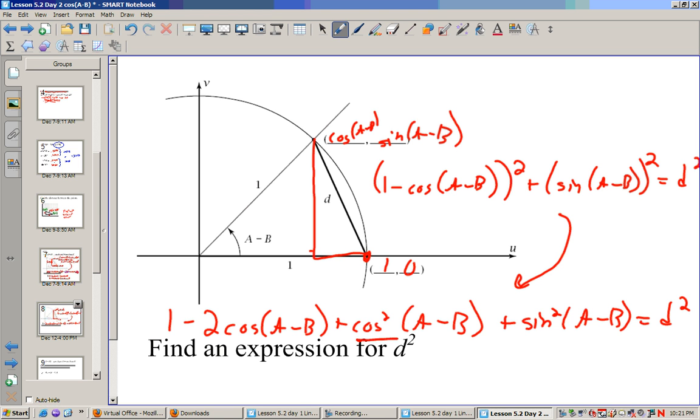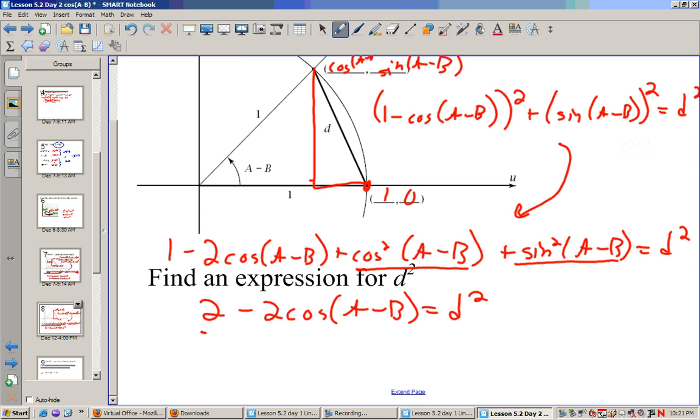Well, hopefully by now everyone sees the cosine squared plus sine squared of the same variable and knows that that equals 1. So 1 plus 1 is going to be 2, and now the 2 cosine of A minus B is what we have left over, equaling D squared.